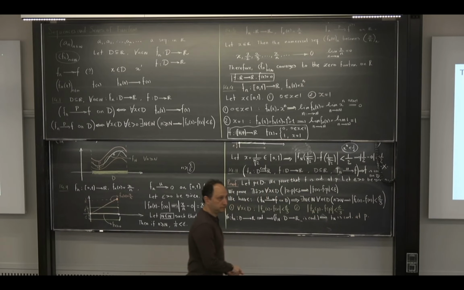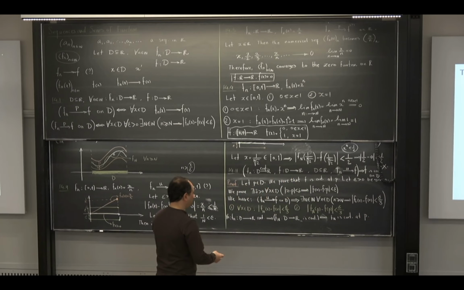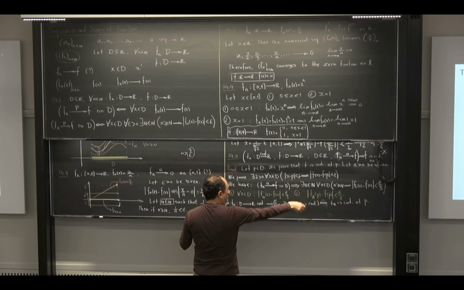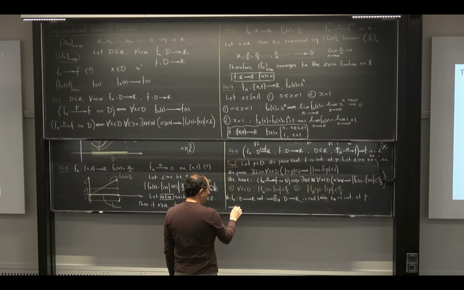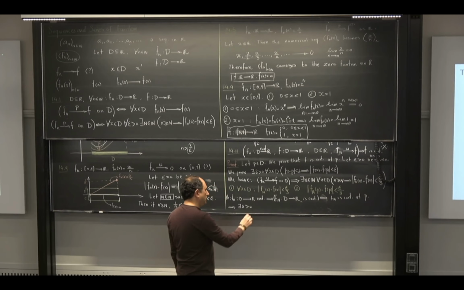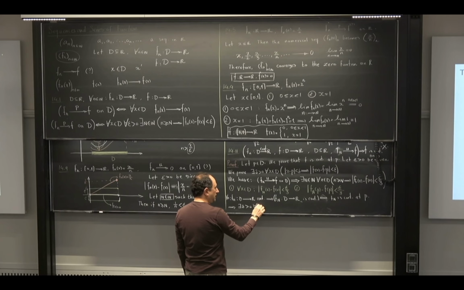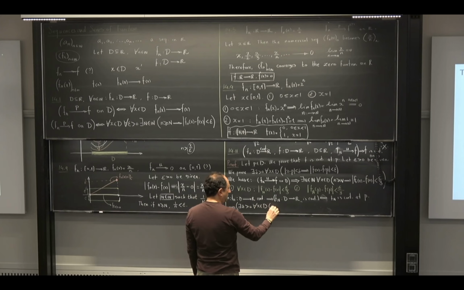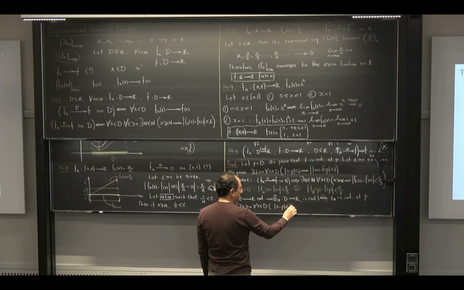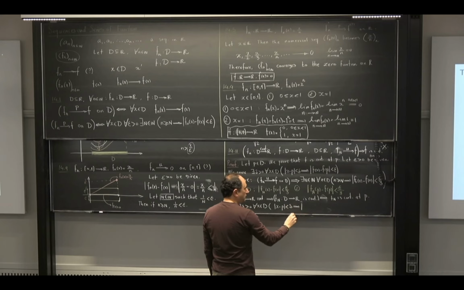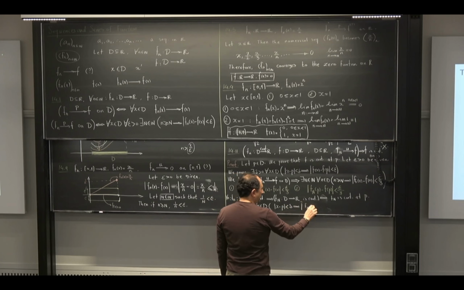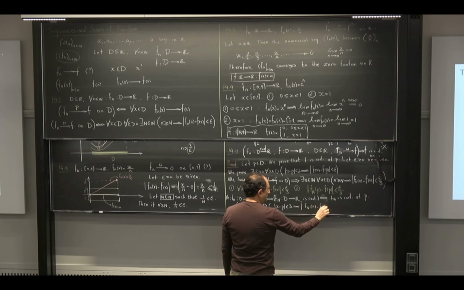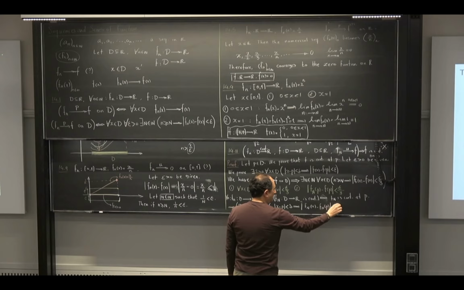Okay. So now what we do, I want to write something. Therefore, there exists a delta greater than 0, such that for every x in D, if the absolute value of x minus p is less than delta, then the absolute value of f_N(x) minus f_N(p) is less than epsilon over 3 again.